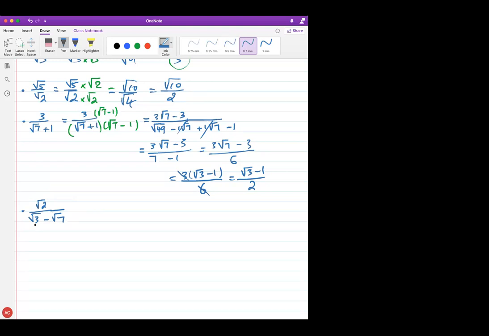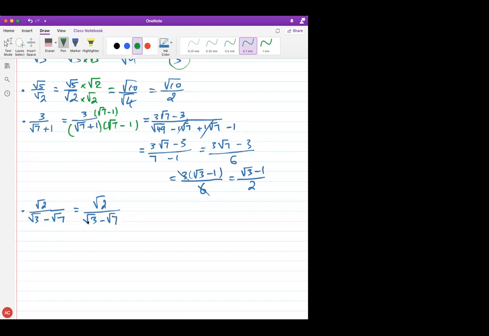What do you think we do? We're going to multiply this by what? If you want to cancel the radical from here, multiply it by both radical 3 plus radical 7.